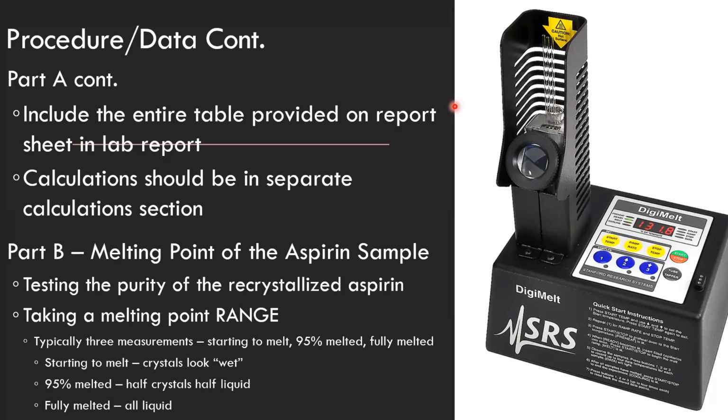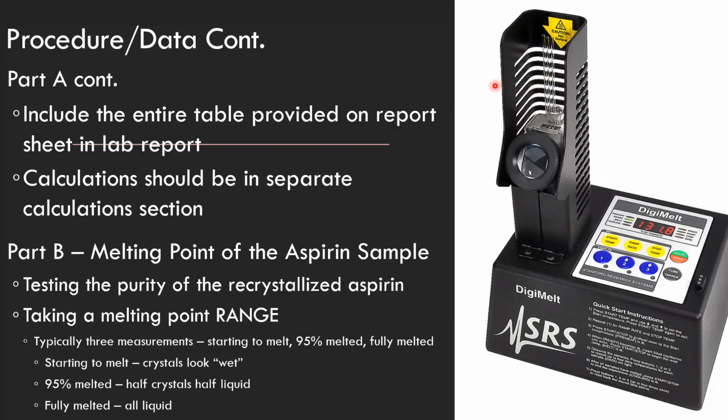All right, so moving from part A to part B. Part B, the melting point, we're going to check the melting point, and what you're going to see is a capillary tube, something like this, filled with some of the aspirin crystals, right? And then this capillary tube is going to be placed into a Mel-Temp that looks something like this, where it will be heated, and then the crystals will eventually melt.